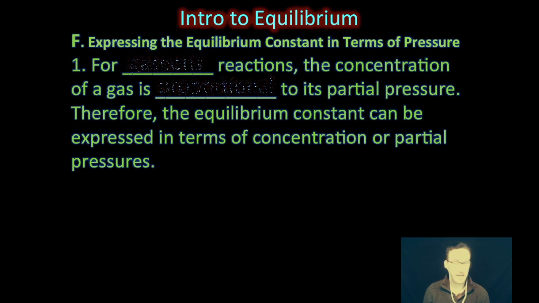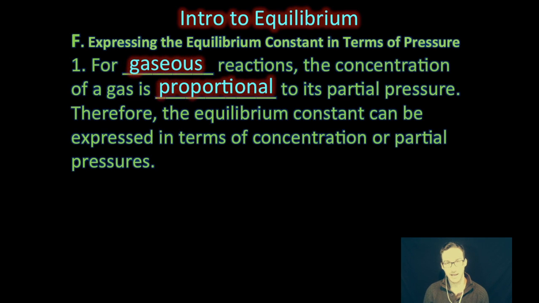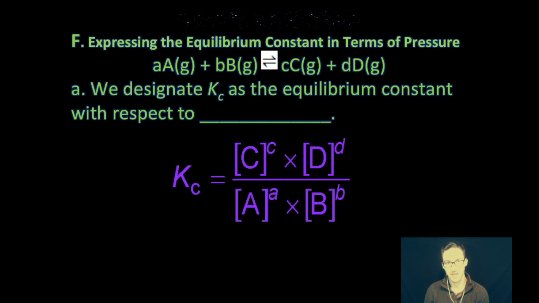Okay, and then the last thing for today is you need to recognize that the equilibrium constant K, although oftentimes we'll be talking in terms of concentration, you can describe it in terms of pressures, especially for gaseous reactions. So the concentrations of a gas are proportional to their partial pressures, therefore the equilibrium constant can be expressed in terms of those partial pressures.